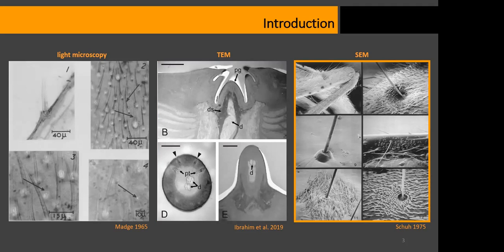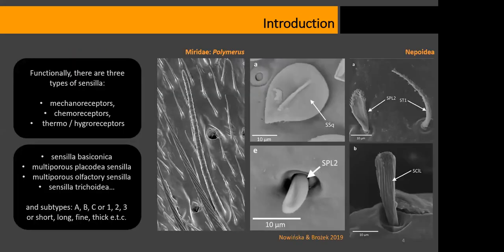The advantage of this method is that the preparation of material for testing in SEM is relatively simple. Functionally, there are three types of sensilla: mechanoreceptors, chemoreceptors, and thermo- and hygroreceptors. The same sensillum is usually responsible for temperature and humidity perception.